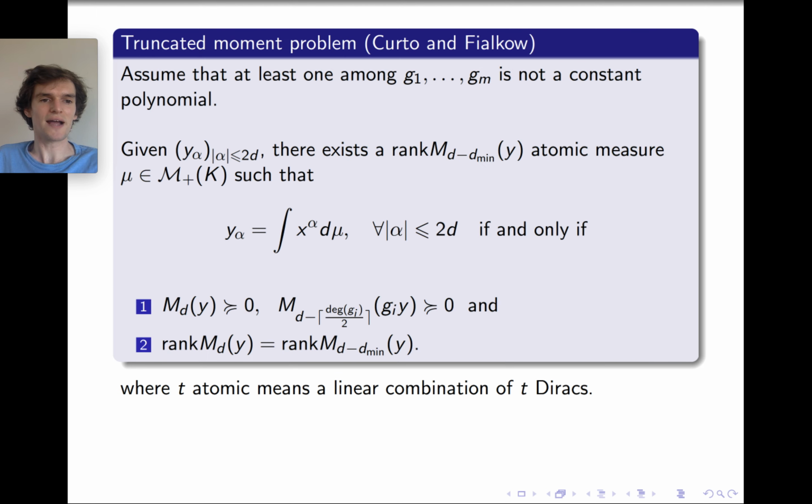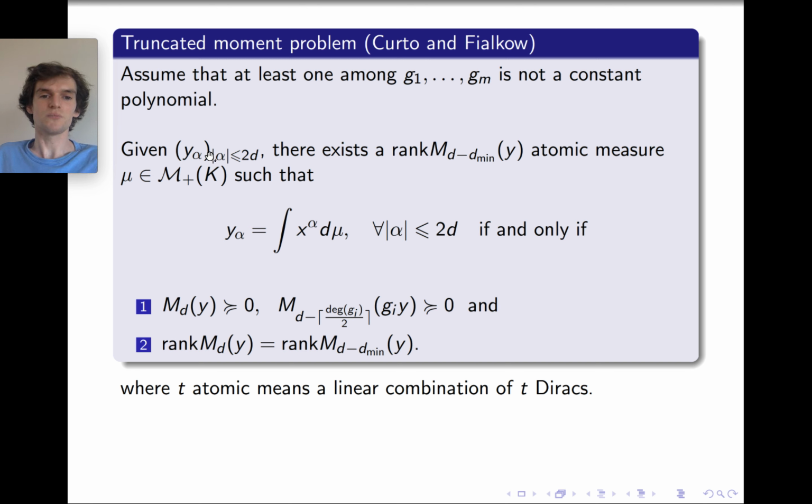Okay, but of course, in practice, what we're interested in is the truncated moment problem. So we want to know when we can compute it, not with an infinite number of constraints, but when you have a finite number of them. So that's what this is answering. We just have to make a little assumption here that at least one of these constraints is not a constant polynomial. So it's really not asking a lot.